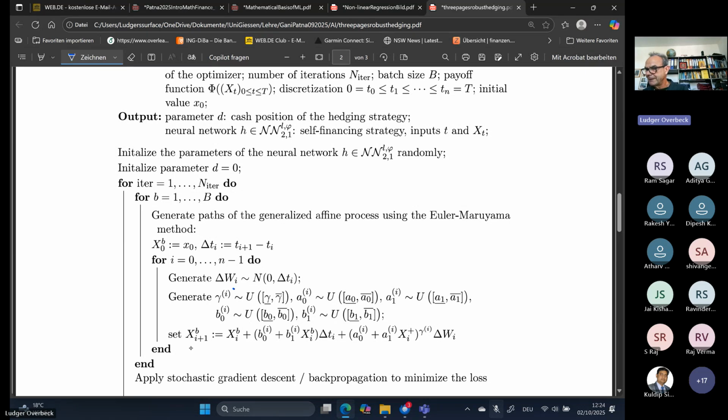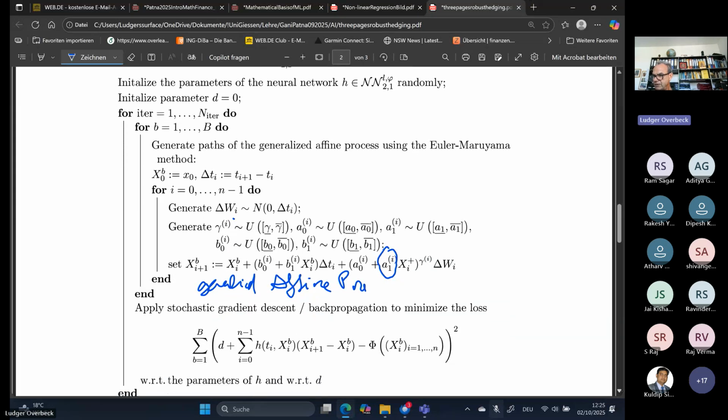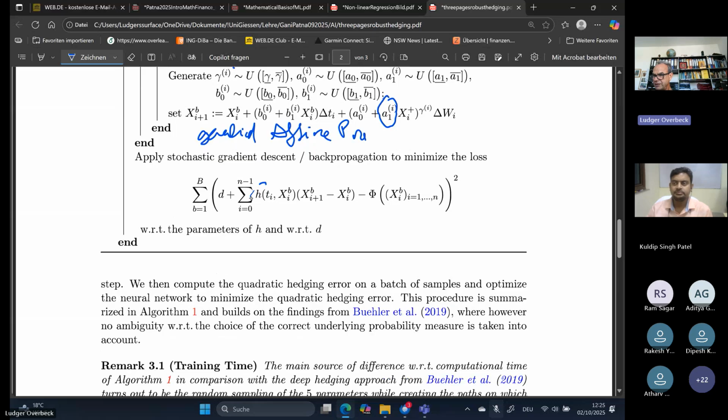You see you have a discrete version of an SDE, an affine process here, well, a generalized affine process, a class of processes, and you select randomly because you don't know which parameters you have. And then you get the optimal for each selection of parameters. You now select the optimal H in the neural net.